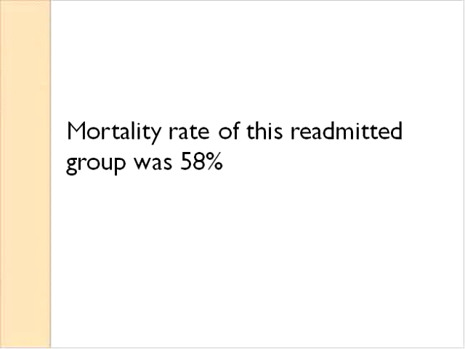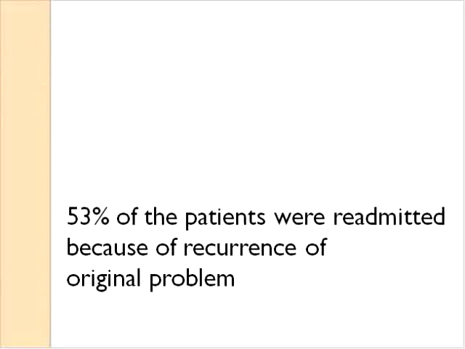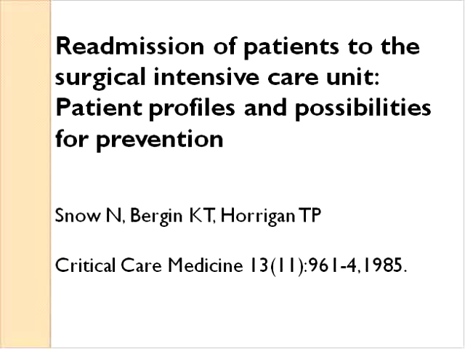However, the mortality rate in this readmitted group was almost 60%, making it a huge concern for the patients, their families, and us. 53% of these patients were admitted because of recurrence of their original problems, suggesting that perhaps they had been discharged too soon, or the resources necessary for their continued care were not available where they were triaged or transferred to. That, in fact, could be a potential problem of quality in the discharge decision.